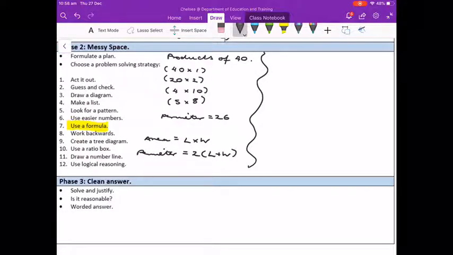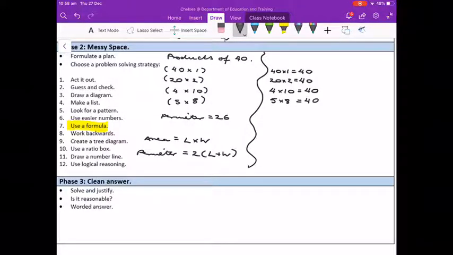So let's start with the 40 times 1. So 40 times 1 equals 40. We have 20 times 2, which also equals 40. So they're all going to equal 40 because those are the factors of 40. But we need to look at the perimeter of each.